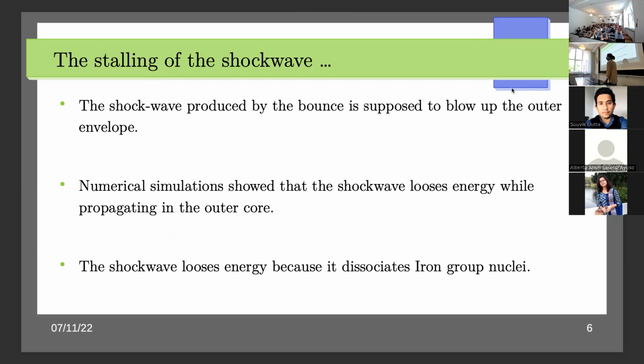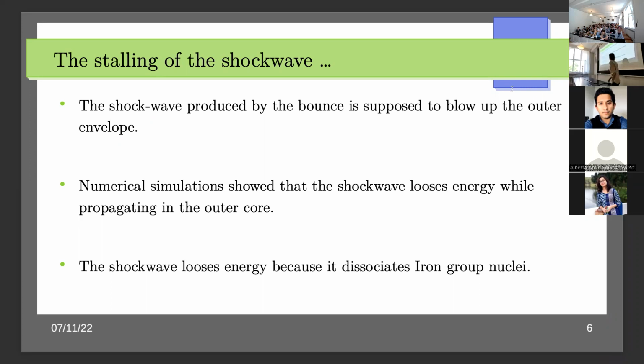But when the numerical simulations of this stellar collapse and the subsequent supernova were done, it was realized that when the shock wave propagates through the outer part of the core, the shock wave just disintegrates iron nuclei, and in the process loses energy, and because of which the supernova cannot happen.